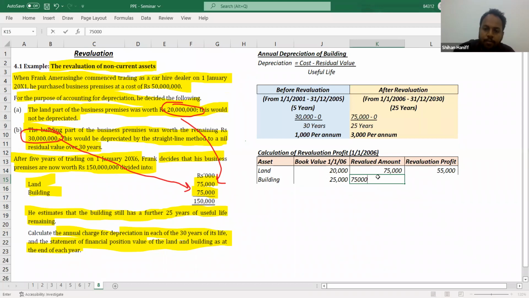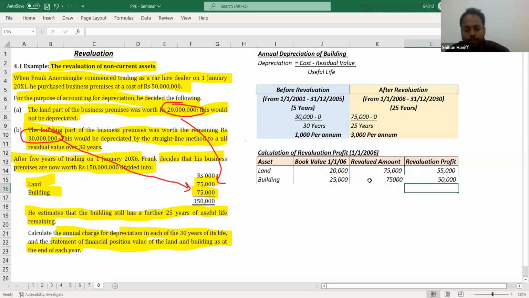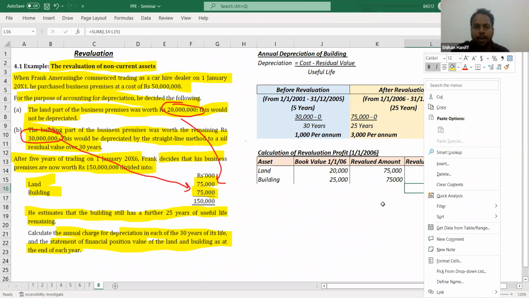And this is 75,000. 75 minus 25 is 50,000, and total is 105,000. Total revaluation profit is 105,000.